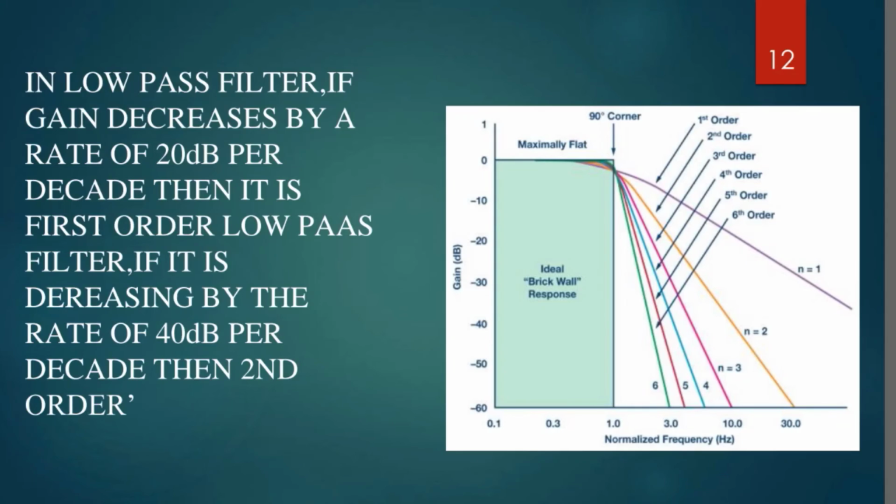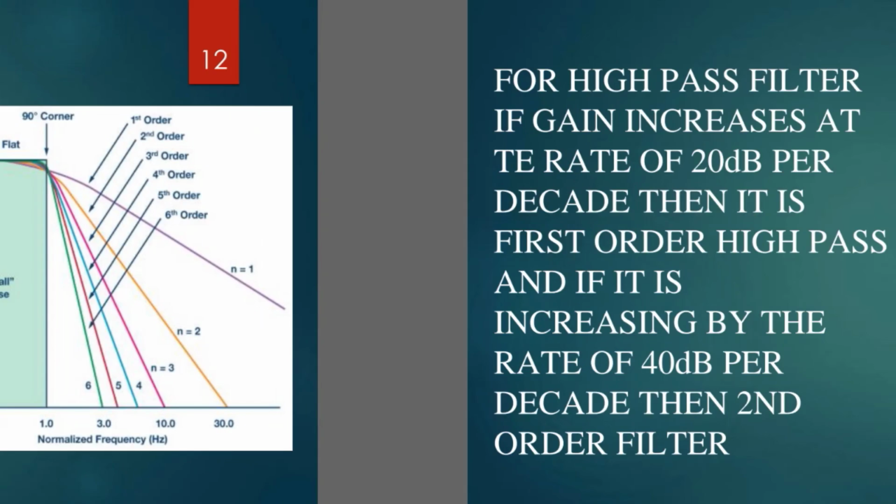In this diagram we take normalized frequency on the x-axis and gain on the y-axis. Here the light green shade is shown as the ideal brick wall response. Then go to next slide.